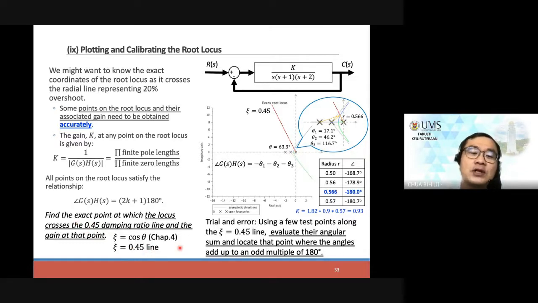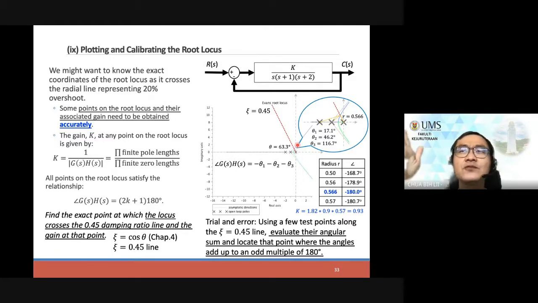Therefore we get the so-called line, this red dotted line, which would represent the damping ratio of 0.45. So we can now get the exact specifications that we require.